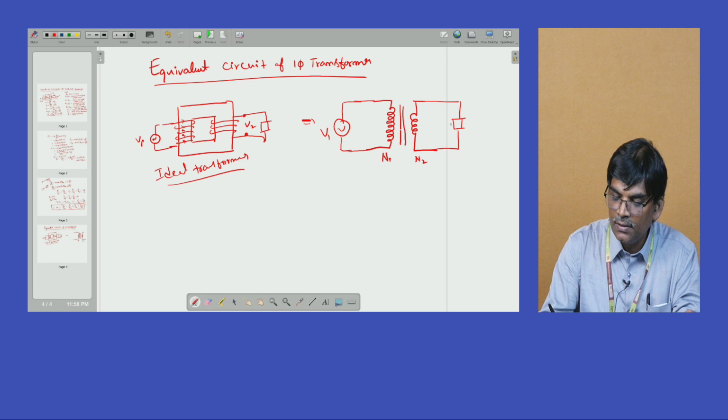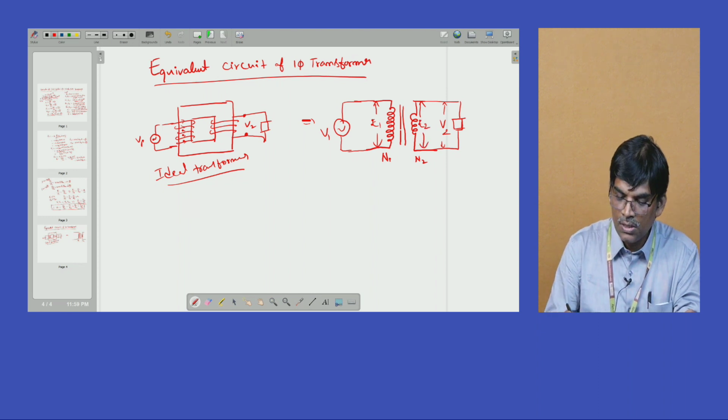There is no drop here, so the induced voltage E1 and the secondary side induced voltage E2. So, in the ideal case V1 is equal to E1, similarly on the secondary side V2 is equal to E2.